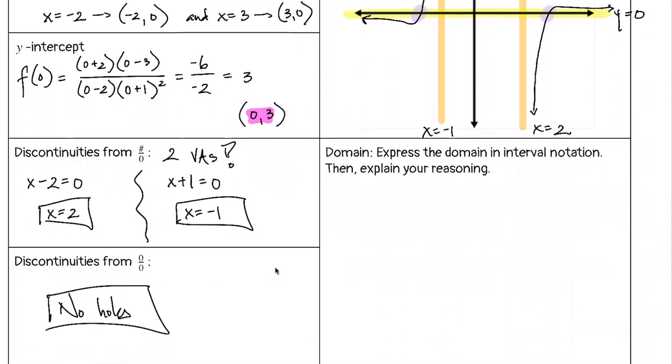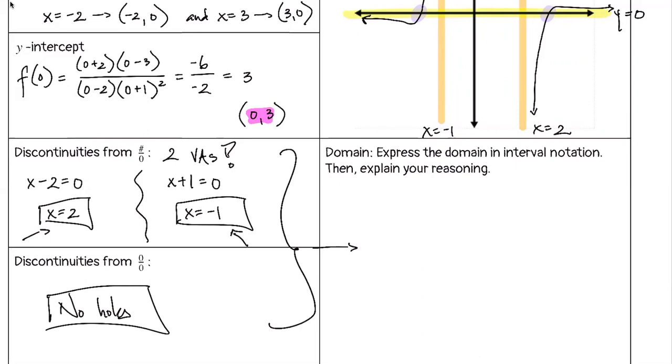According to our discontinuities, they tell us about our domain. So our domain can be everything except x equals 2 and x equals -1.